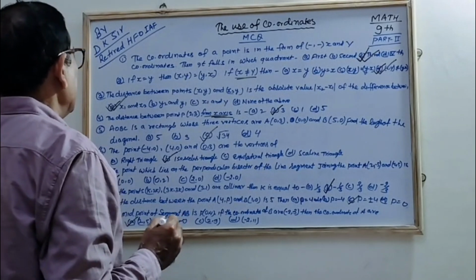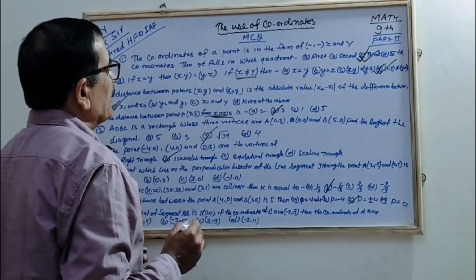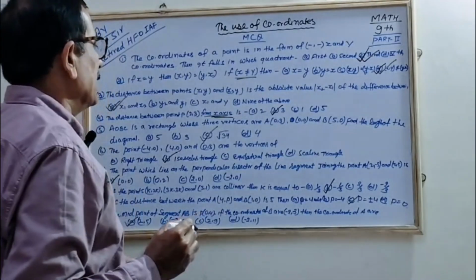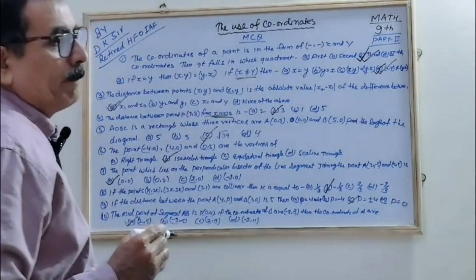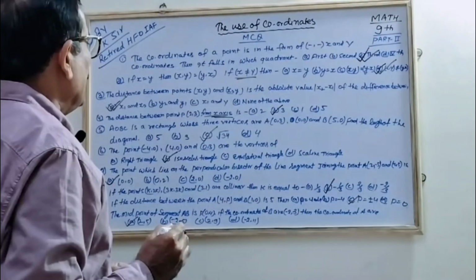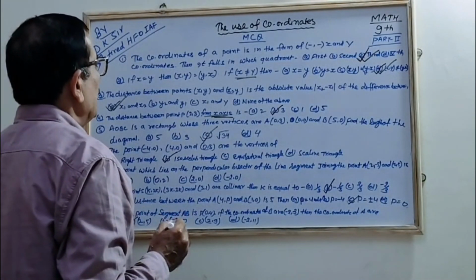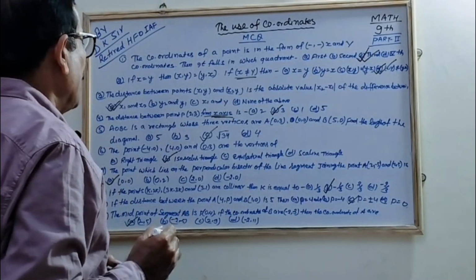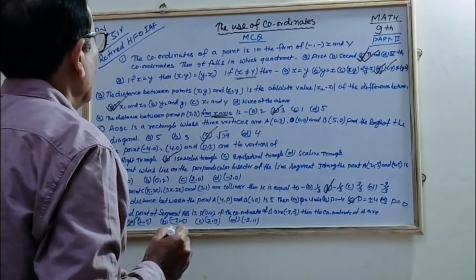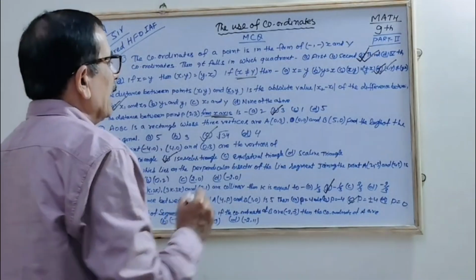The options are A is 2, B is 3, C is 1 and D is 4. So the distance of the point P from the x-axis is 3. Correct? So you are getting answer number 3.